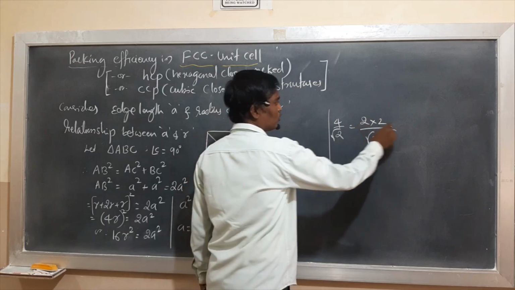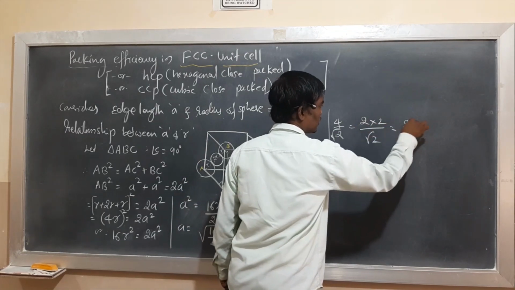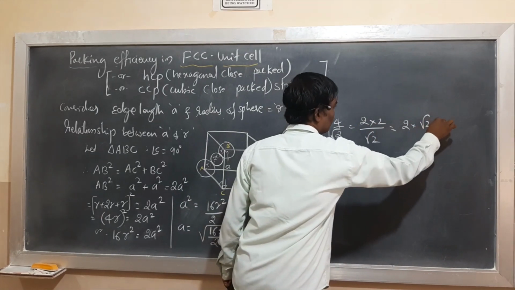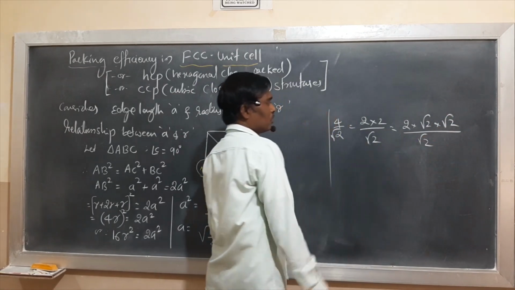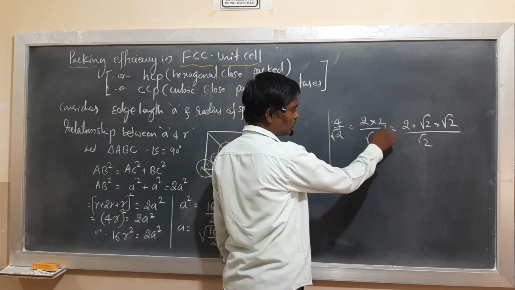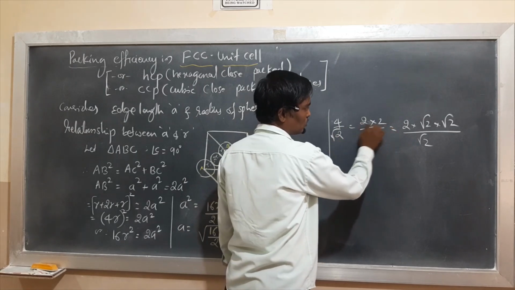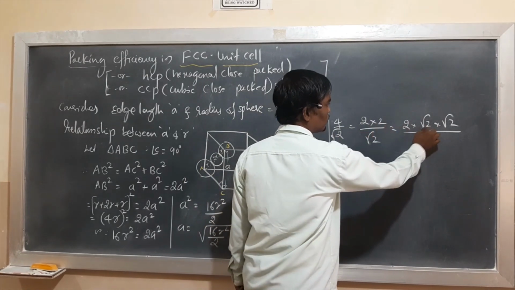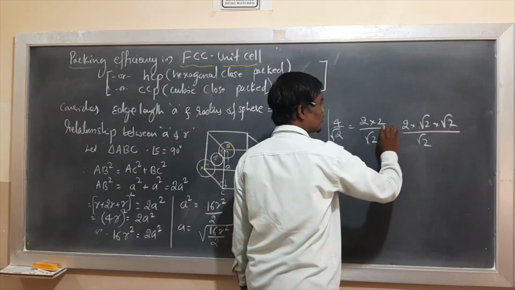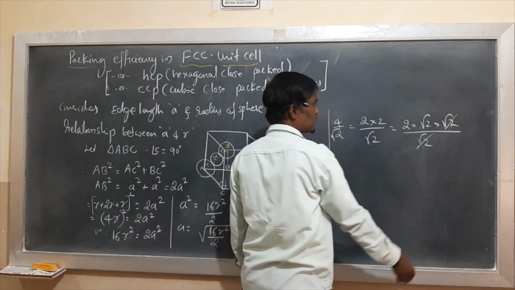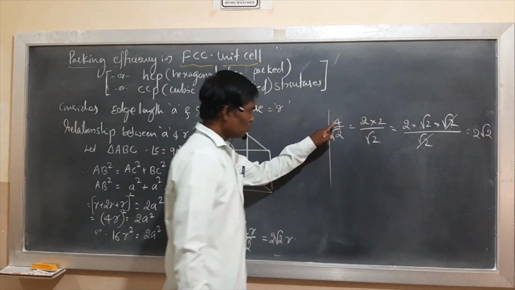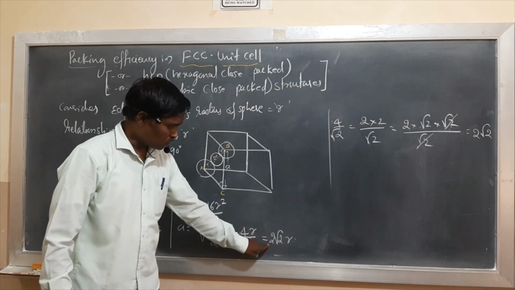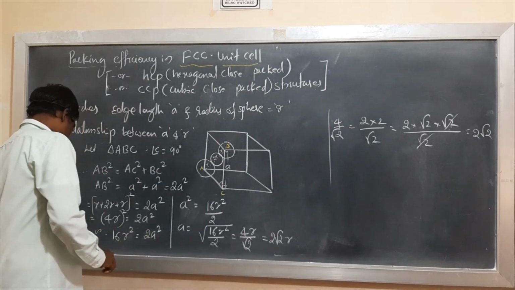Okay, so 2 as it is, let me write this 2 as root 2 into root 2 divided by root 2. Okay, 4 I am writing 2 into 2, and denominator root 2 as it is, 2 as it is. So this 2 is written as root 2 into root 2 because root 2 into root 2 is again 2. So this root 2 cancels. So that is equals to 2 root 2. Okay, so 4 by root 2 is written as 2 root 2. Okay. You can write directly.